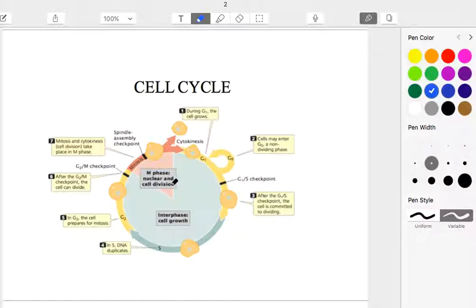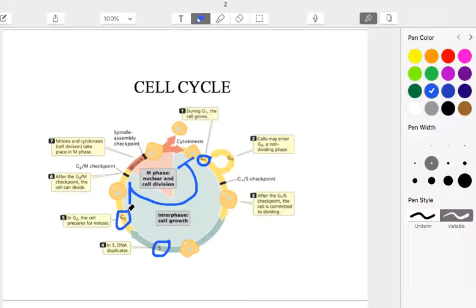As you can see, interphase is this part here, up to this part. Interphase consists of G1, which is here, the S phase, and the G2 phase.